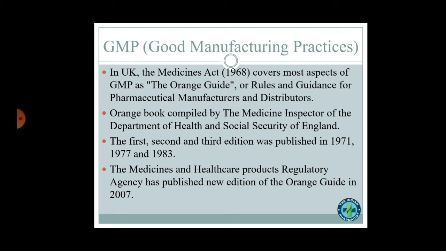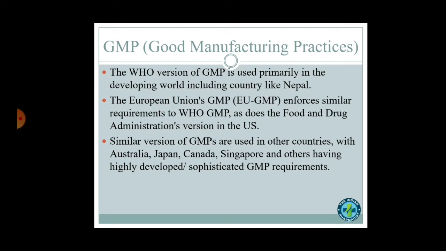The MHRA, or Medicines and Healthcare Products Regulatory Agency, published a new edition of the Orange Guide in the year 2007. The WHO version of the GMP is used primarily in the developing world, including countries like Nepal and African countries, most of the nations.